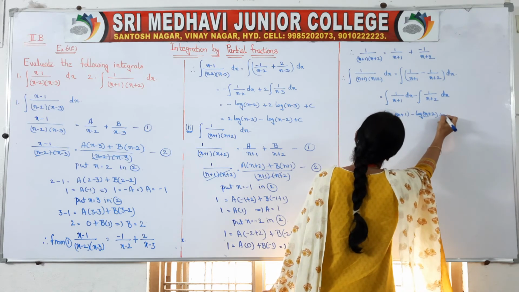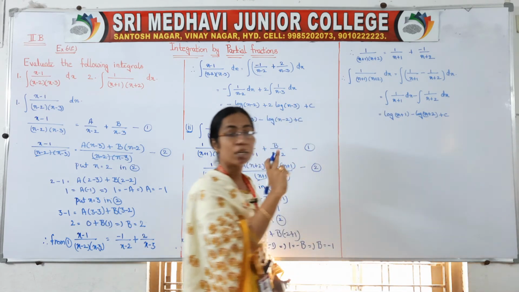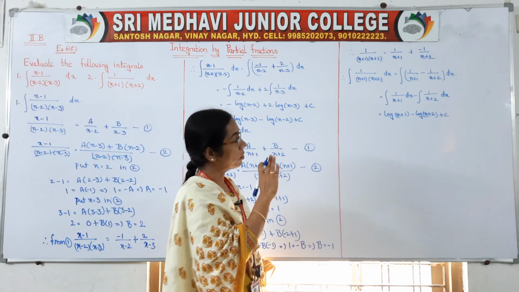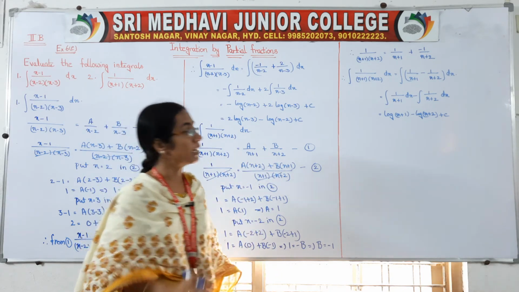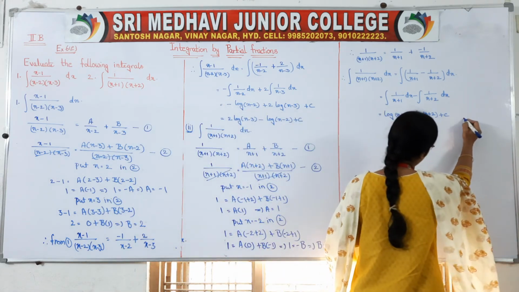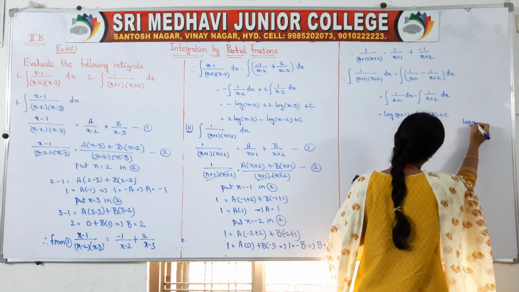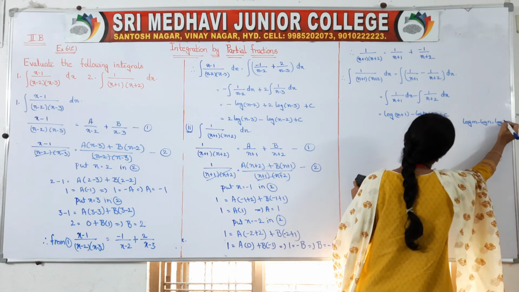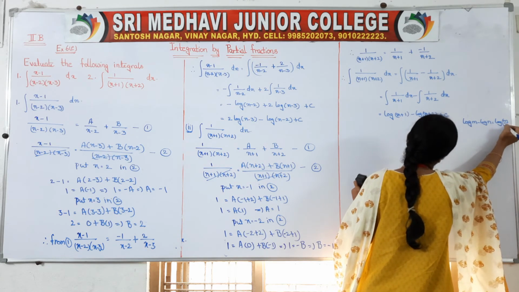What I said? Once the integral is completed, we have to add plus c. And observe, it is of the form log m minus log n, right? There is one formula in logarithms: log m minus log n is equal to log of m by n.